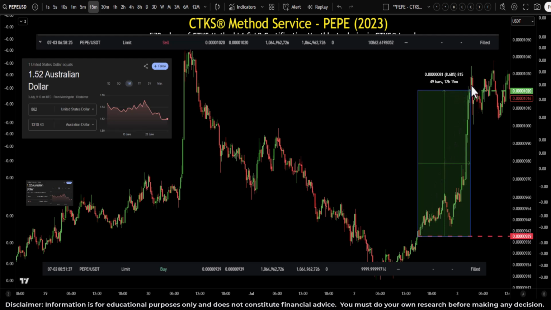That will take you a while to get to, because you need to trust the structure, and that means that you need to prove it out over time. And it's exactly why I set the sell target there, because there was a lot of upward overhead structure in this area for Pepe. And I put it up there because there was a positive CTKS gap, so I knew it could be very, very explosive up until this point. And that's precisely what happened.